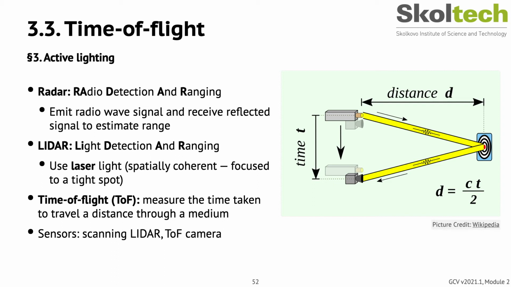Time of flight is the measurement of the time taken by an object, particle, or wave to travel a distance through a medium. In the ranging context, TOF measures the time it requires for the reflection of the light to return to the sensor. A broad variety of time-of-flight sensors includes, for example, the well-known scanning LIDAR or time-of-flight cameras.